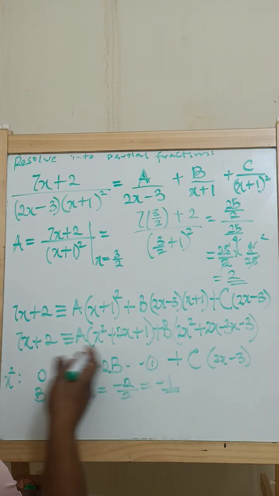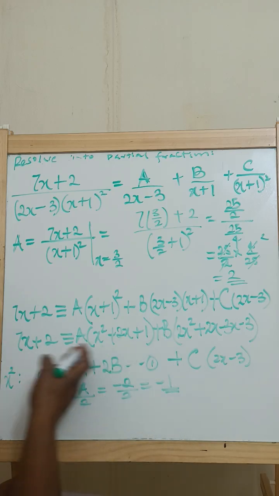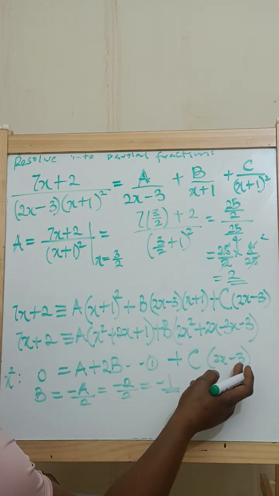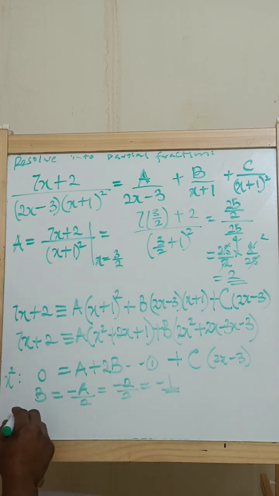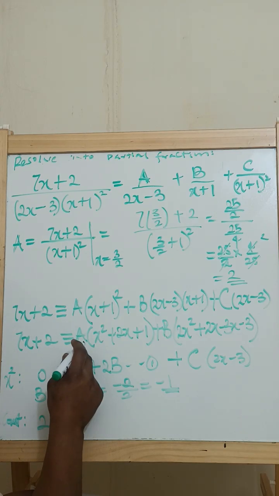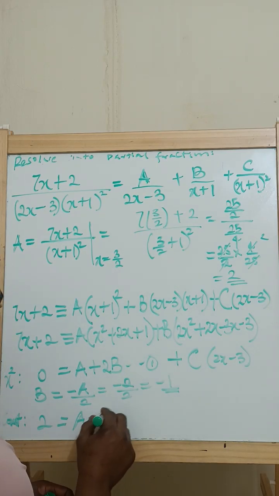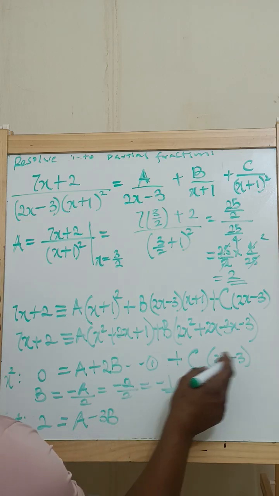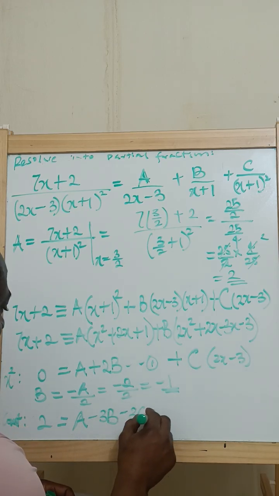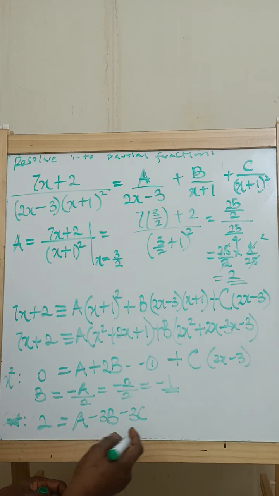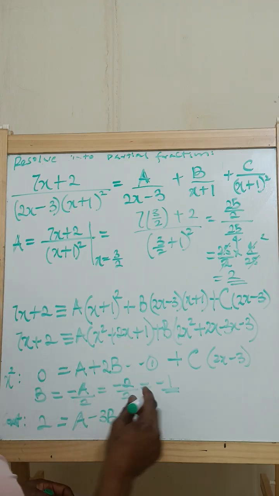To get C, we can compare the constant terms, because it's simpler. Comparing the constant term, 2 equals A times 1, that will be A, then B times minus 3, minus 3B, then C times minus 3, minus 3C. So we can get C by bringing C to one side and the others to the other side.